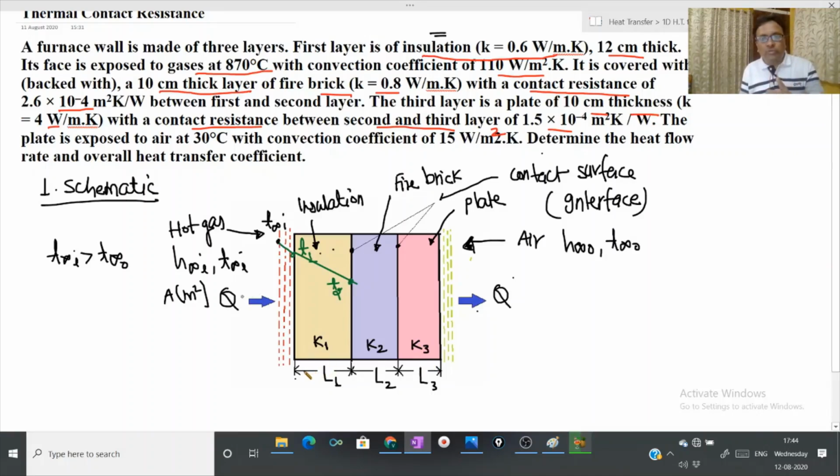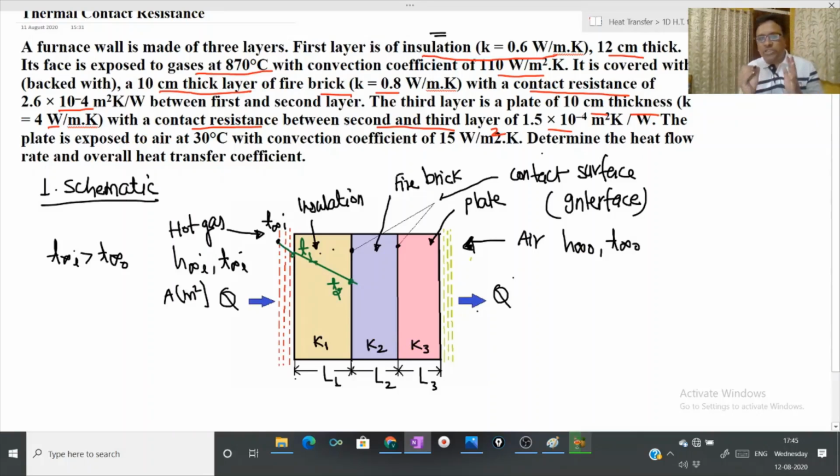Now the important point comes into picture. Here, the interface between insulation and fire brick material has thermal contact resistance, as mentioned, 2.6 into 10 to power minus 4 meter square Kelvin per watt.